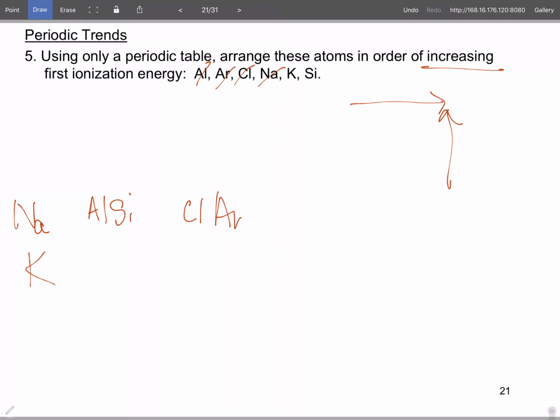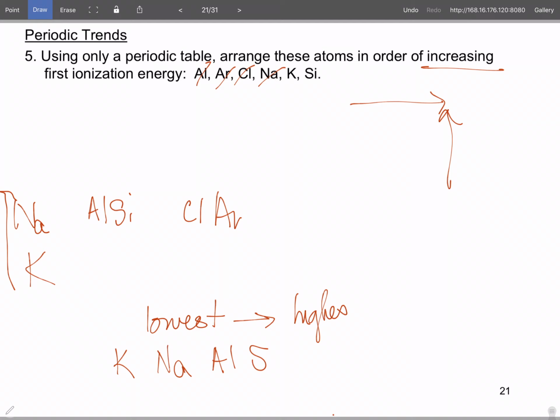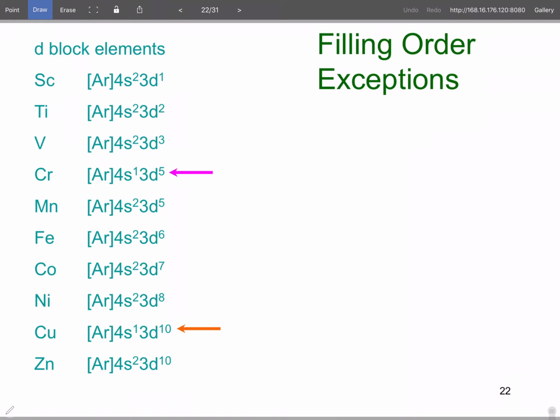So we're going to set this up in increasing order, from the lowest to the highest. We're going to start with potassium, sodium, and we're just going to follow the row across. And I'll tell you right now that noble gases will always be the highest.